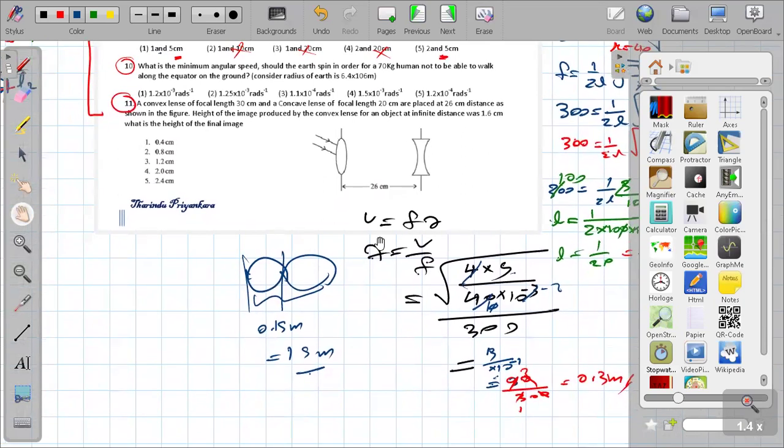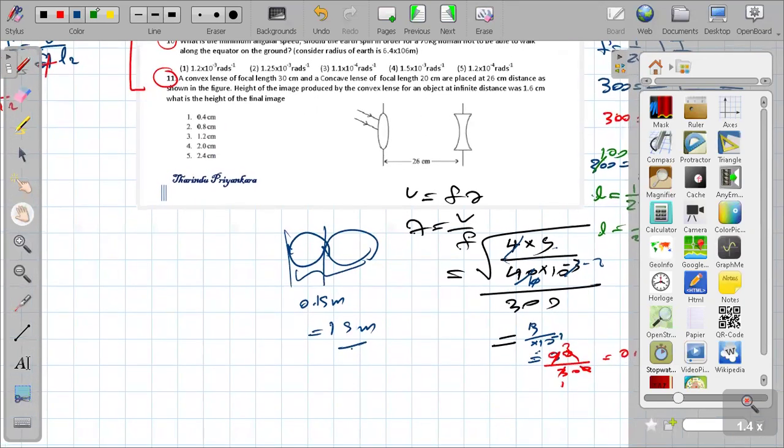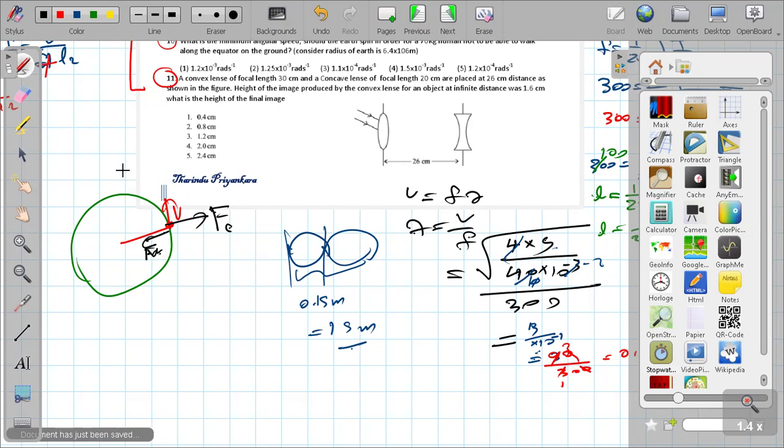The next one: what is the minimum angular speed at which the Earth should spin in order to make a 70 kilogram human not be able to walk along the equator of the ground? Tangential velocity, because it will make some kind of centrifugal force that should be applying downward.